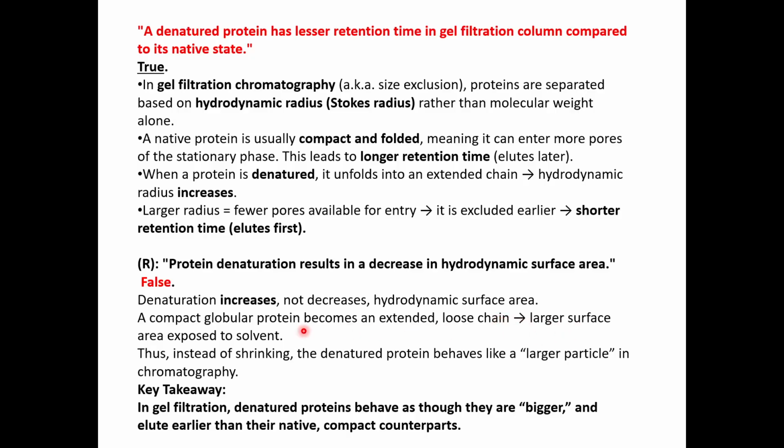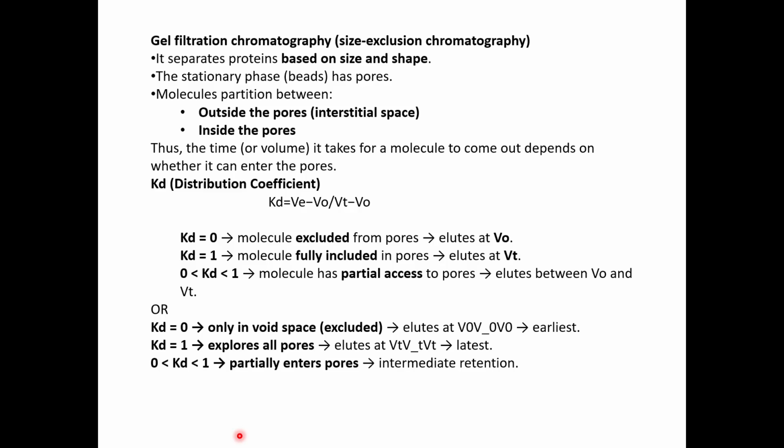So the larger surface area of the protein is exposed to the solvent, and thus instead of shrinking, the denatured protein behaves like a larger particle now in the chromatography, and it takes the path outside the pores. So basically, in gel filtration, denatured proteins behave as though they are bigger and elute earlier than their native compact counterparts. Hope this is clear.